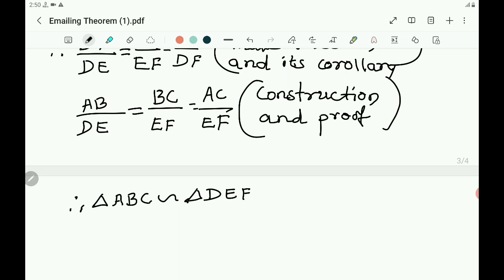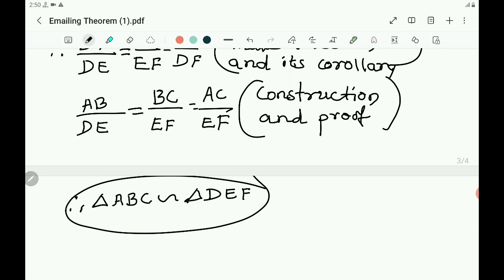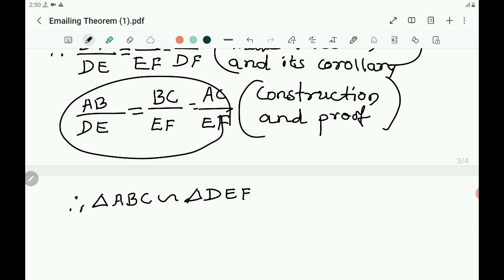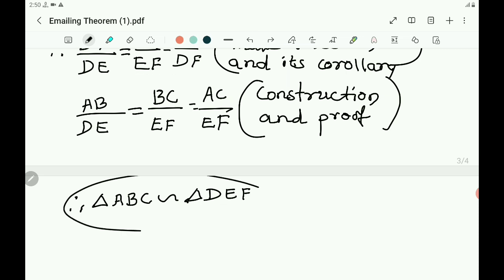Here you got the proof of the theorem. If the corresponding angles of two triangles are equal, then their corresponding sides are proportional and the triangles are similar. If the angles of one triangle are equal to the angles of the other, then the sides of the two triangles are proportional and they are similar triangles.